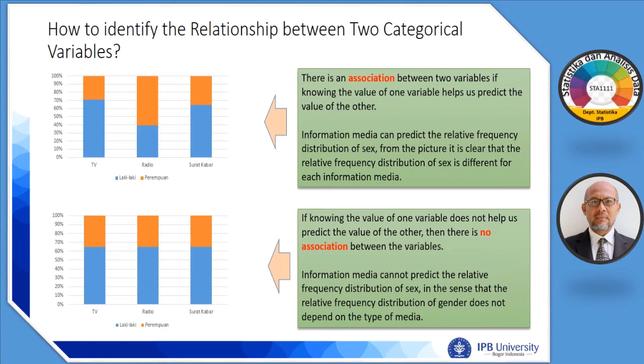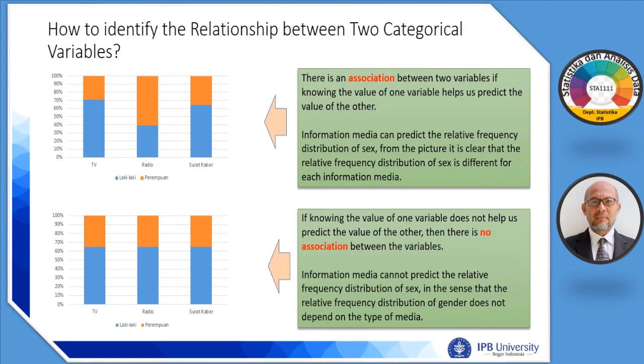In television, you see that the percentage of male is bigger than female, while with radio, male is smaller than female, but with surat kabar or newspaper, male is bigger than female.